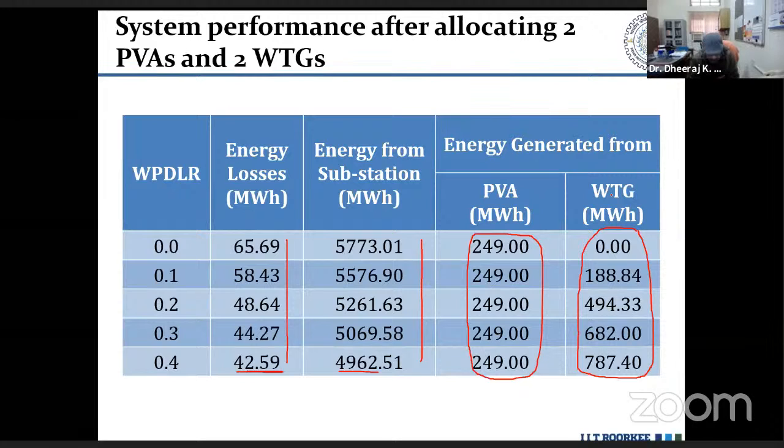We have different options. We can allocate a 1 megawatt DG at a single bus. We can allocate two DGs of 500 kilowatt each at two different locations. We can allocate four DGs of 250 kilowatt each at four different locations. That third option is more beneficial in improving the performance of the system as compared to the first and second.